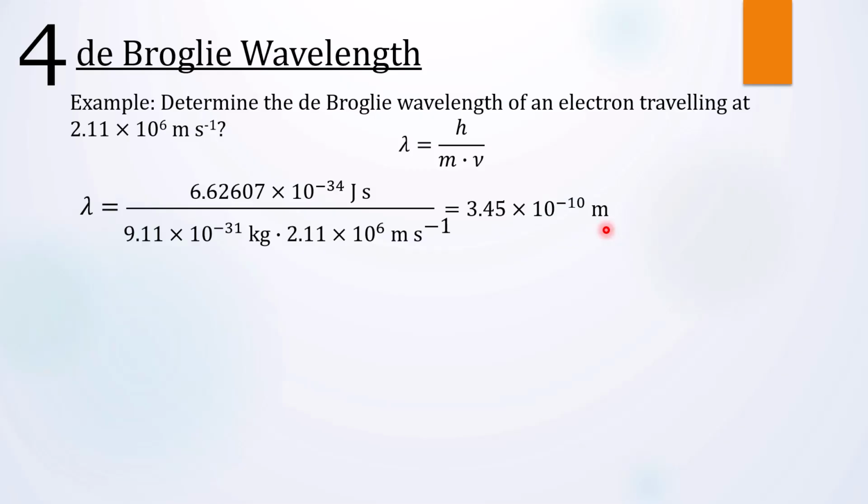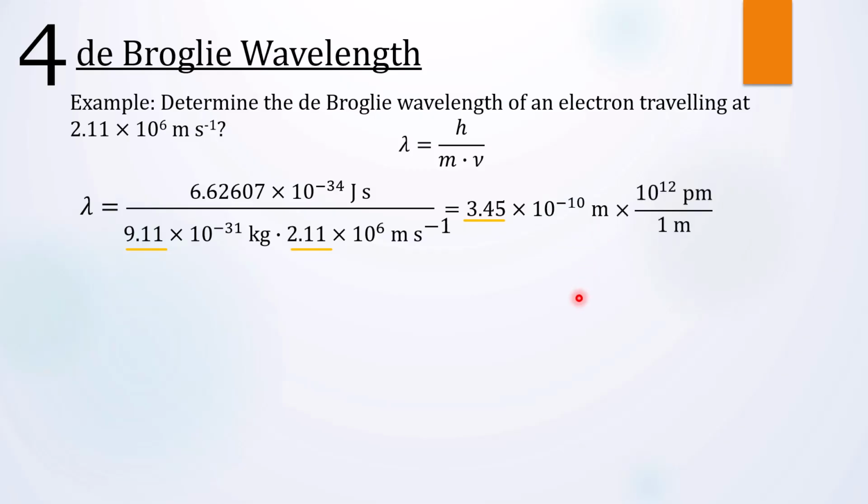And the units are meters here because this unit of joules is a kilogram times meter squared per second squared. So everything cancels except units of length. And in terms of significant figures, this is all multiplication and division. I've got two numbers that have 3 significant figures, so my final answer is limited to the numbers with the fewest number of significant figures.